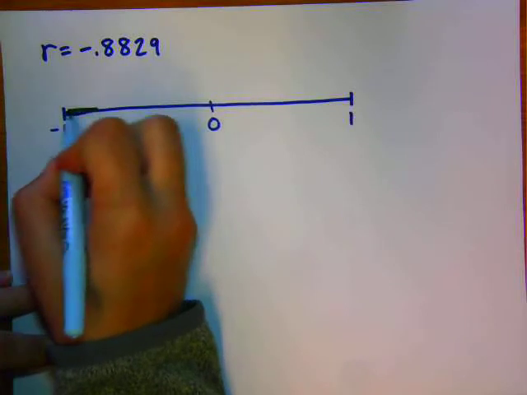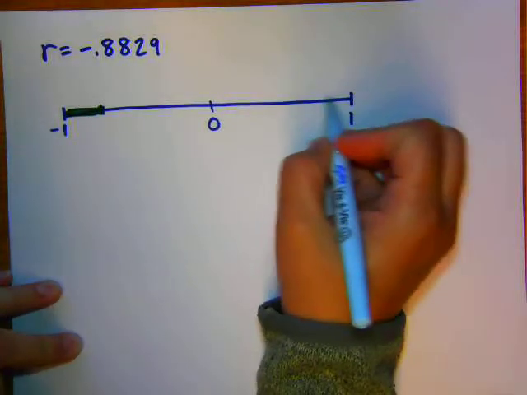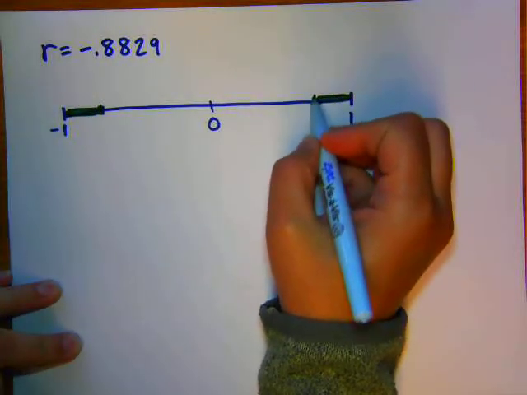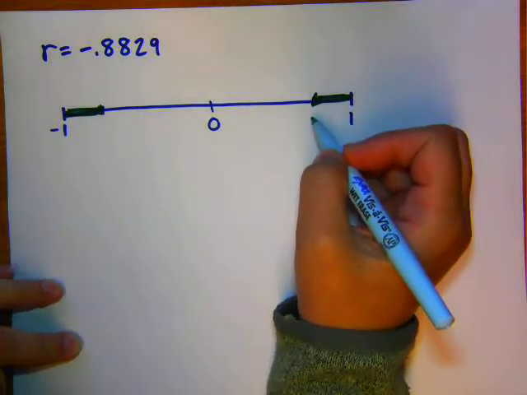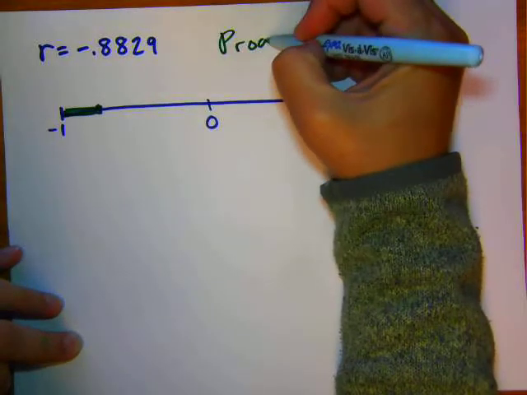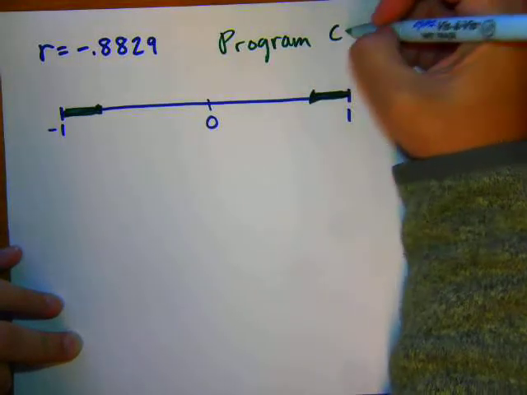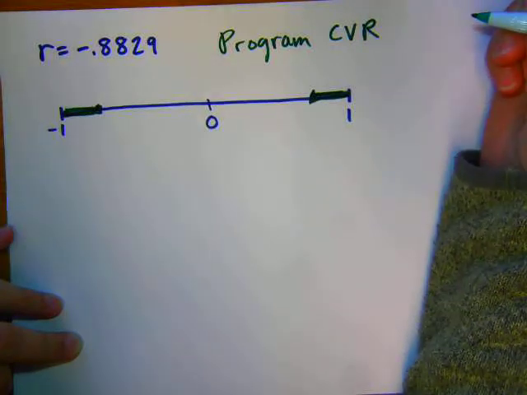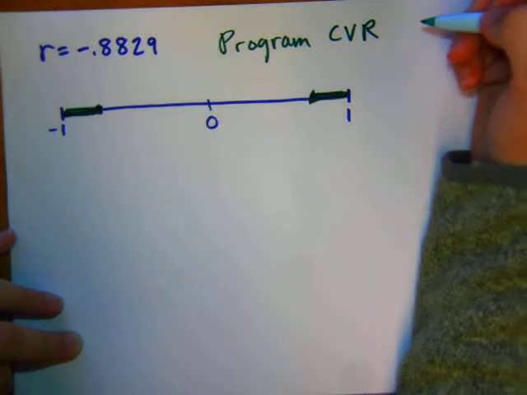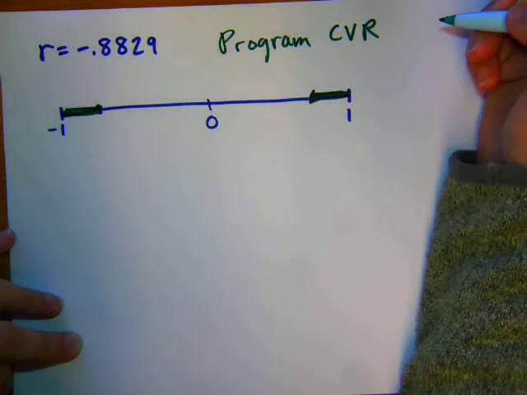It says somewhere over here and somewhere over here. If our correlation is in that area, we can reject our null hypothesis. So what is that number here? This is the program called CVR, which stands for critical value for R. Lowercase r was an option in the TI calculator, so it's a capital R.